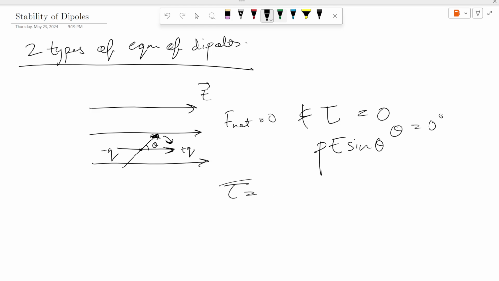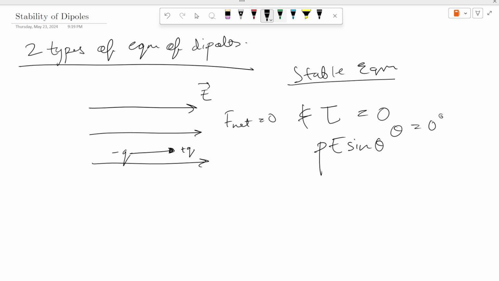So what we understand by this is that if we were to rotate it anti-clockwise, it will rotate clockwise, and similarly if we were to rotate it clockwise by an angle theta, then it will rotate anti-clockwise. So it basically opposes whatever change we are making to it, and it has the tendency to come back to its original state. This is what we refer to as stable equilibrium.